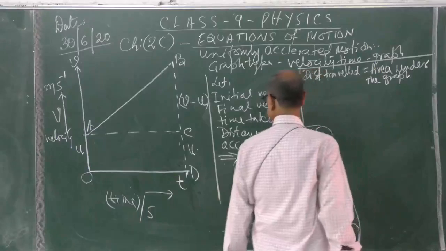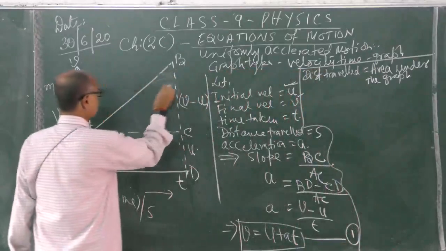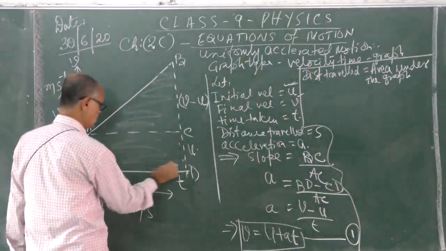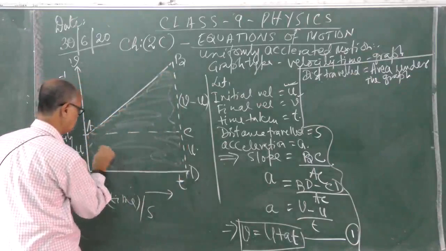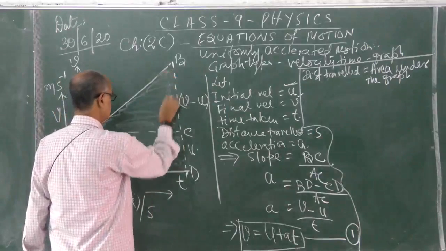What is the graph area here? This is the graph area here. I'm just shading it for you. This is the total area which is covered by the graph line. Total area is this.